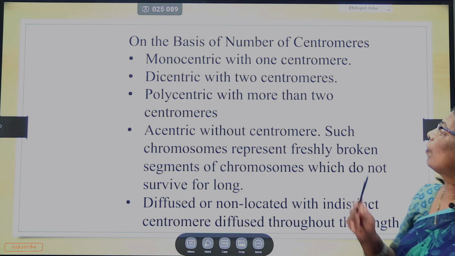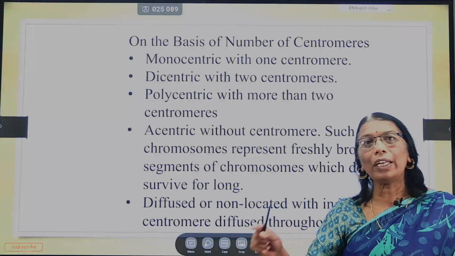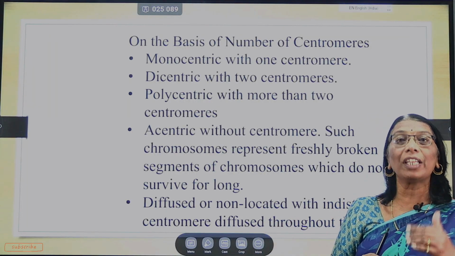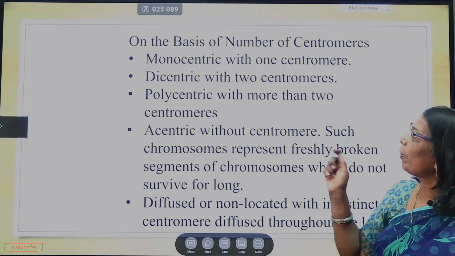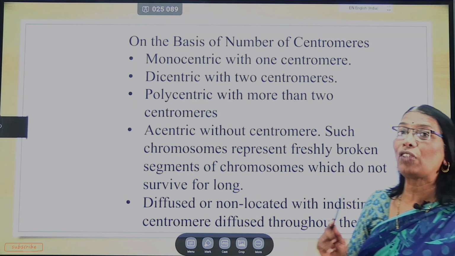Then on the basis of the number of centromeres, that is, throughout the length of a chromosome, how many centromeres are present. If one centromere is present, it is termed as a monocentric chromosome.